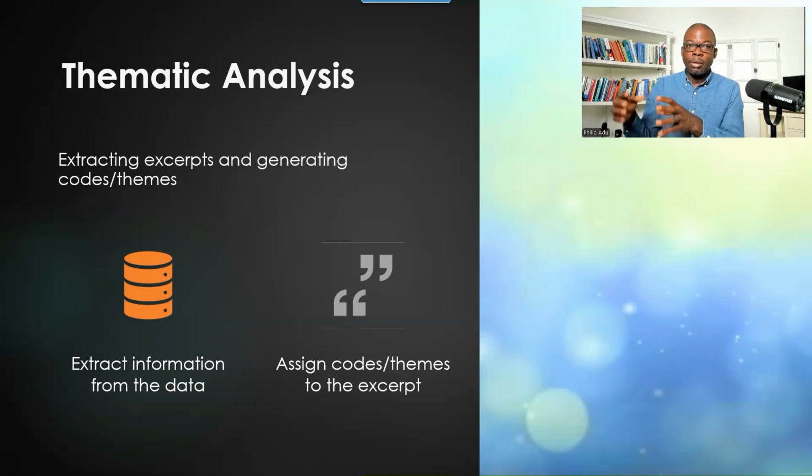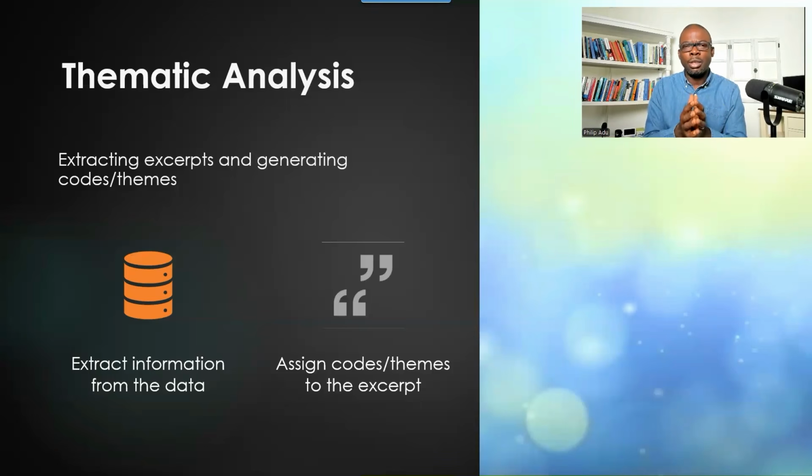So you see how in thematic analysis, the significant information informs the kinds of codes that you're going to develop, but in content analysis, the codes that you have developed inform the kind of information that you are looking for from the data. In this presentation, I'm going to focus on thematic analysis, where you go through the data, identify information that is significant, and develop codes that help you to address your research question.